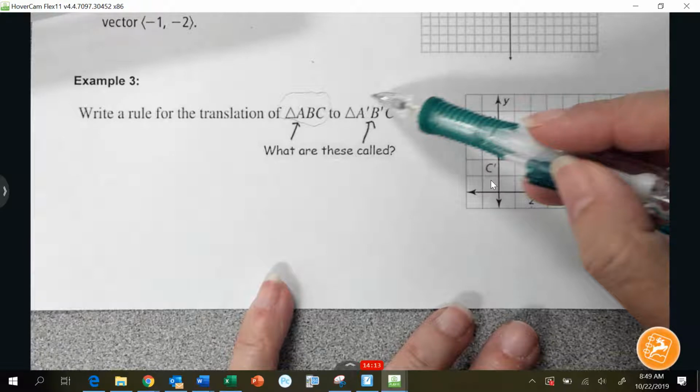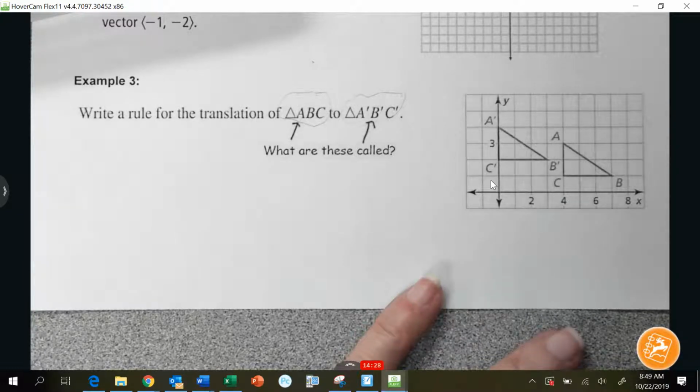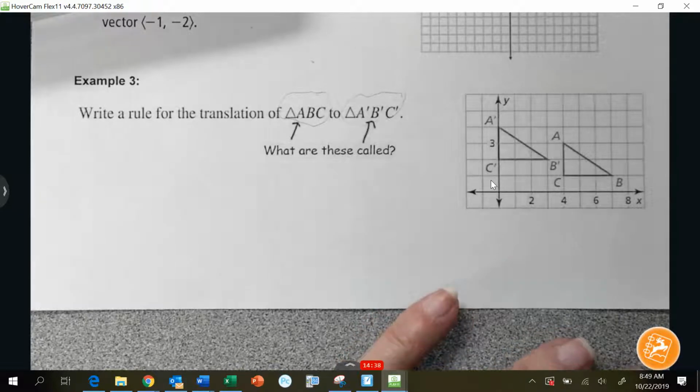I'm looking for a vocab word that we learned today. Ryan, do you have an idea of what I'm talking about at all? Yes. Which one? The ABC. No. Because what's the other one called? If one's the image, what's the other one? Pre-image. So which one's the pre-image?